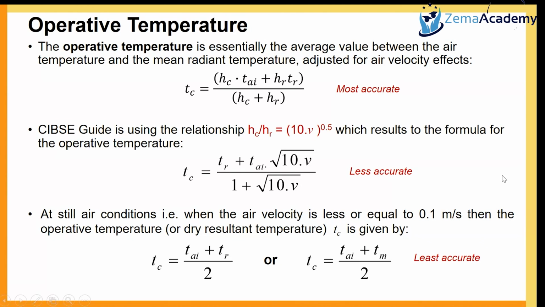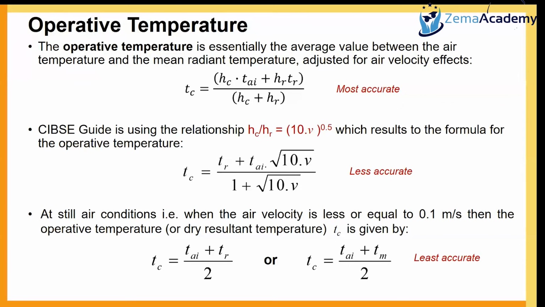Okay, so now you can see how the operative temperature is measured, and because it is measured, it is a real temperature. It can be incorporated in the CIBSE steady state model, and when we are going to solve the problem, we are going to see that the values are not far from the values that we have calculated earlier.